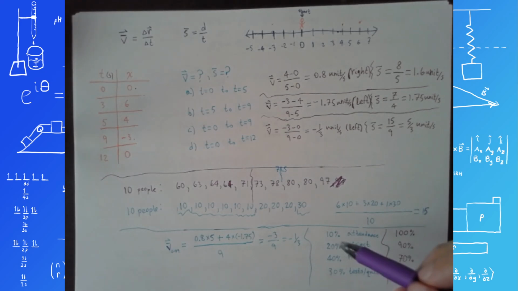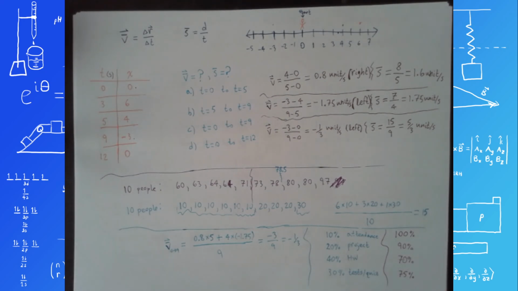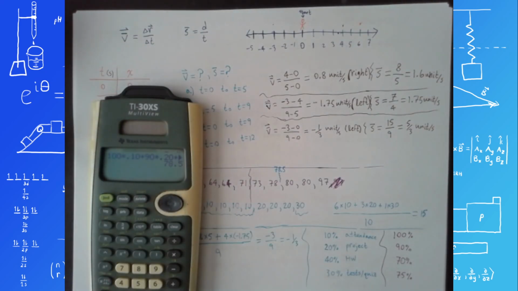So you do 100 times 10%, or 10 over 100, and then 90 times 20 over 100, and then 70 times 40 over 100, and 75 times 30 over 100 to get your final grade, which I guess I'll go ahead and calculate. 100 times, I guess that would be 0.10, plus 90 times 0.20, plus 70 times 0.40, plus 75 times 0.30, and I'm getting, well, would you look at that, 78.5%.